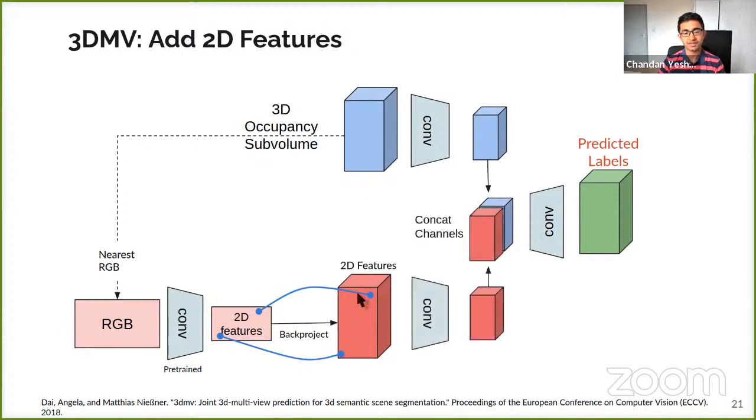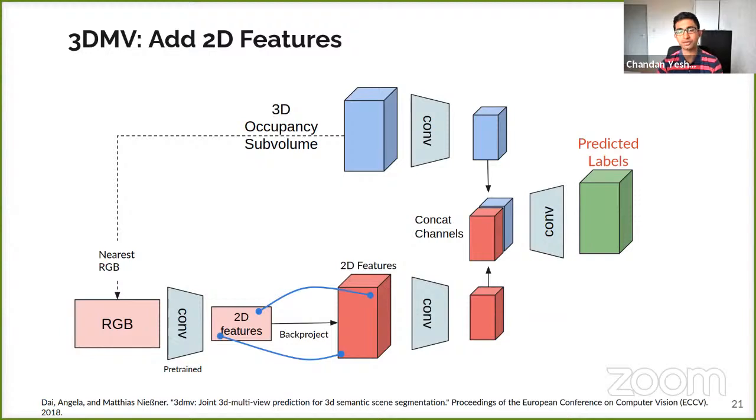Once we have this volume, it can be treated identically to the other one that we had originally in 3D. So we have a similar network here, which is going to downsample this and then give a smaller 3D volume. These two are concatenated as additional channels and then upsampled again to get label predictions on the whole volume. So this is the original 3D MV method that I've described here.